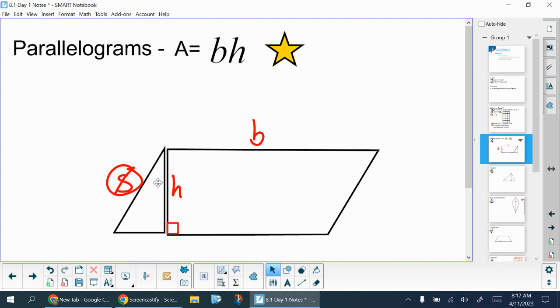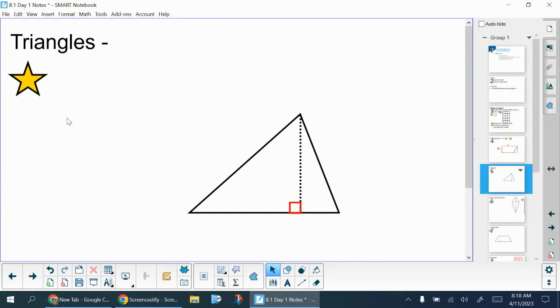This specific side length here does not matter at all. It's the perpendicular height. So that idea that we take the base and the height, and they have to be perpendicular to each other because we're making those square units. Base and height always have to be perpendicular. Area of a parallelogram is just base times height.